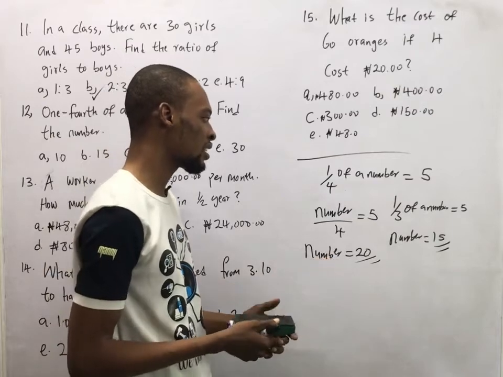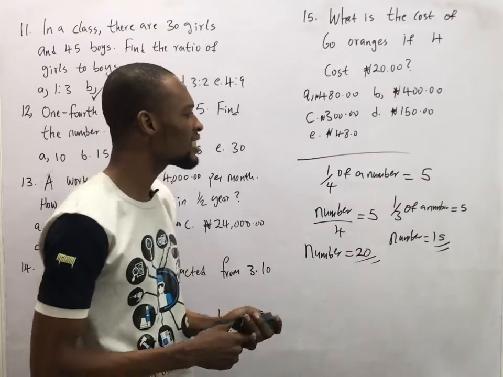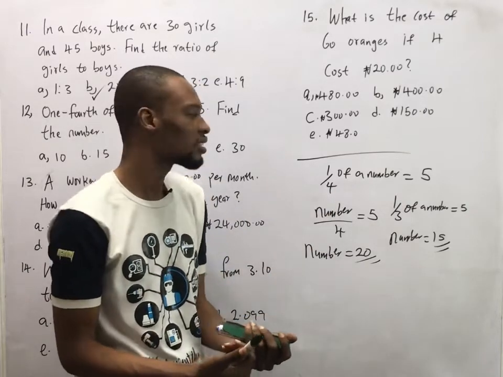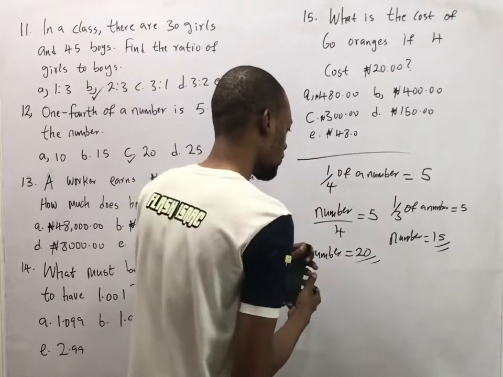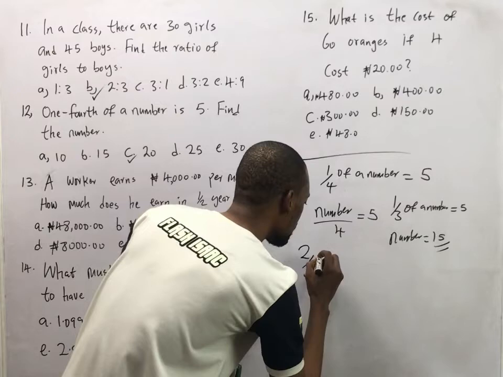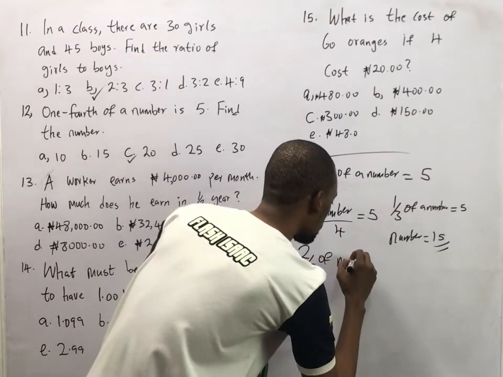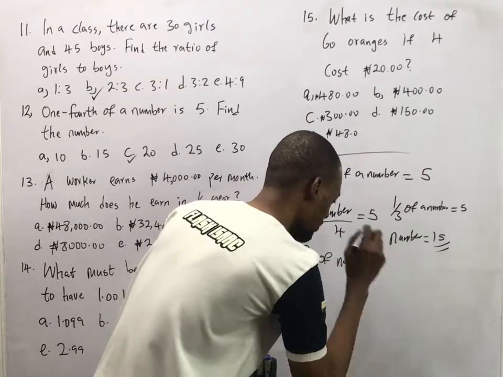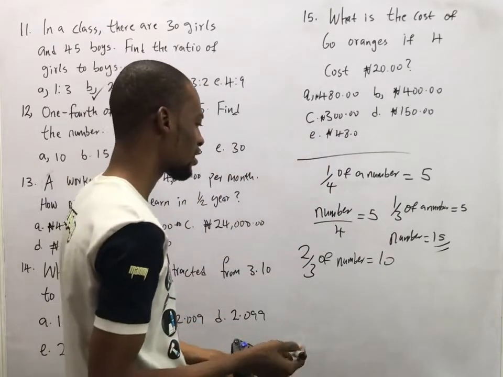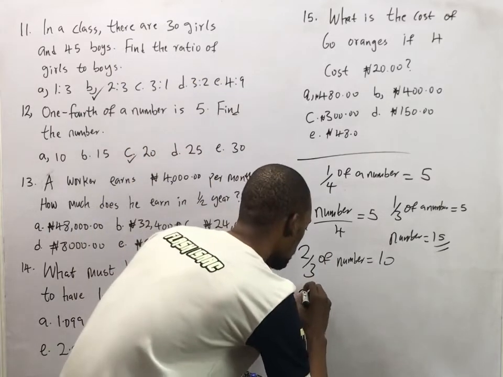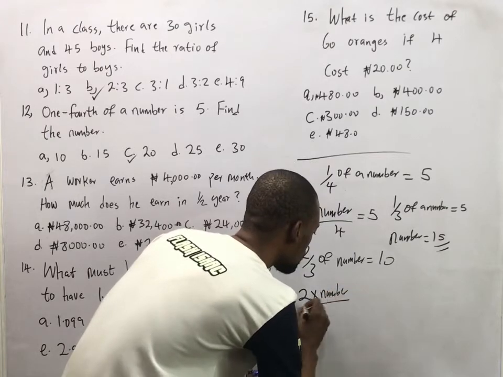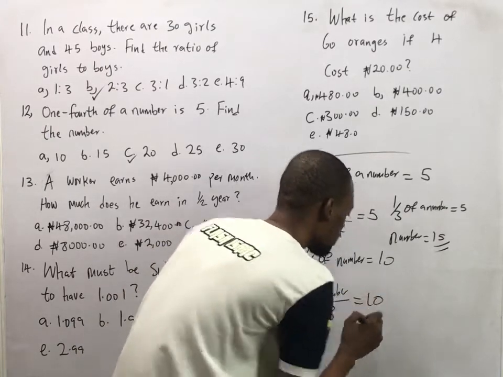Now, how about they say 2/3 of a number is 10? Find the number. In that case, 2/3 of a number is 10. So this means 2 times the number over 3 is equals 10.